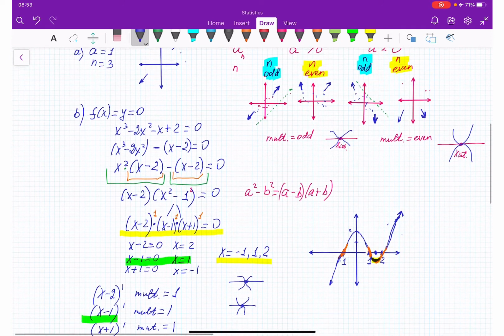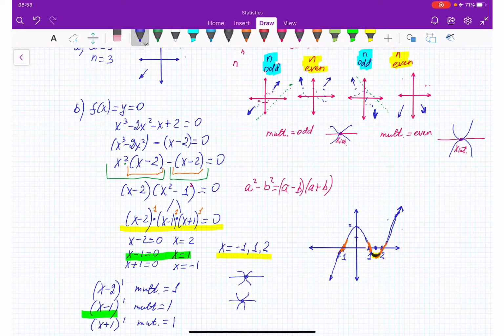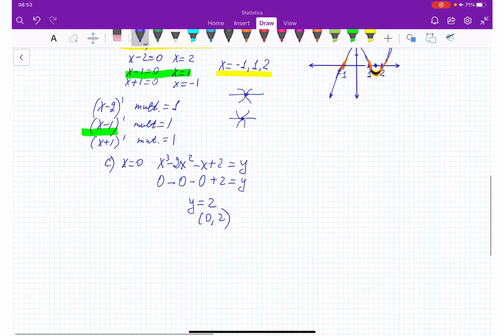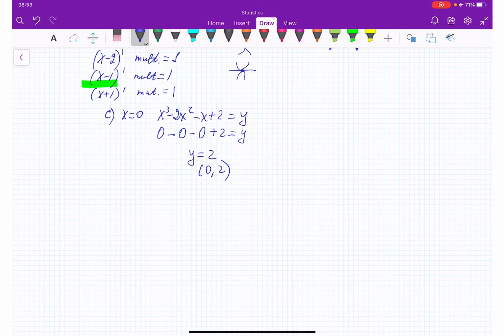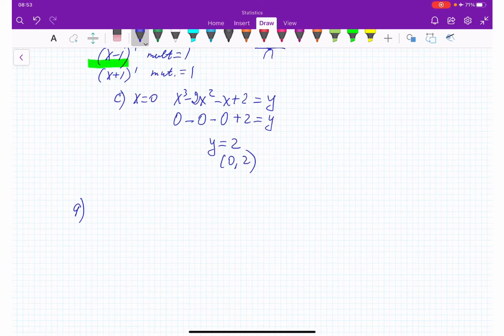We are going to build another one, obviously. Question number 9, what do we have here? f of x is equal to x to the 4th minus 16x squared. All right, so let's see the end behavior.